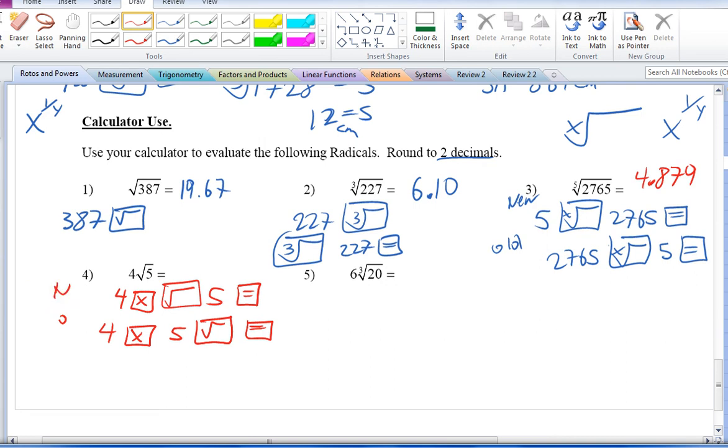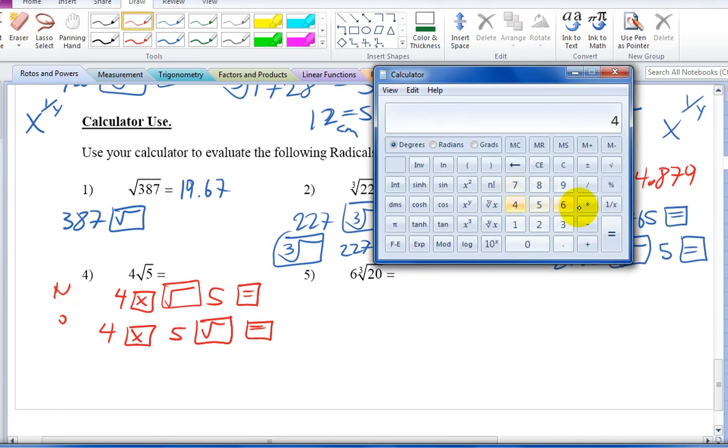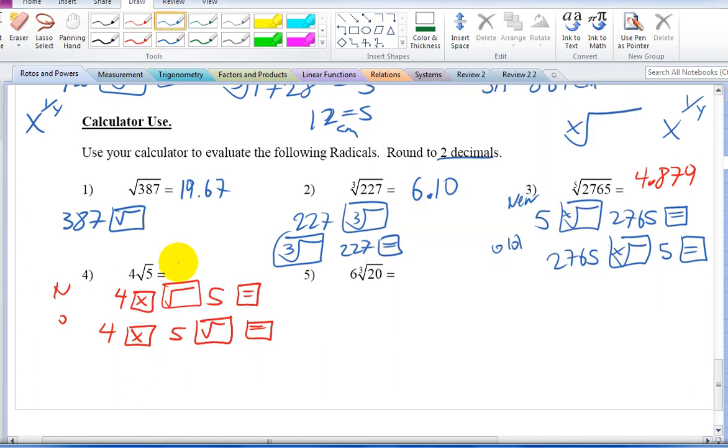Go for it. 8.944. Well, I say round to 2, but I'm not going to, I just want to make sure everyone gets this right. Okay, I'm not really marking the rounding.